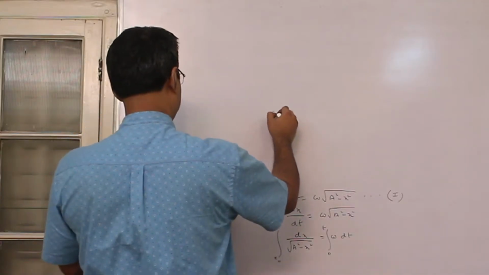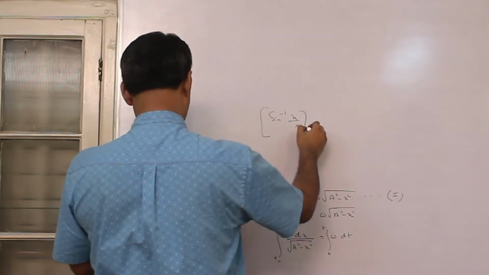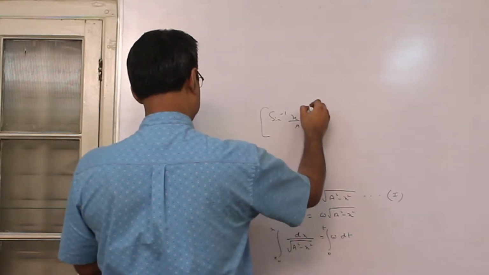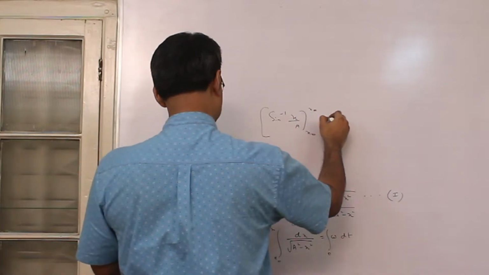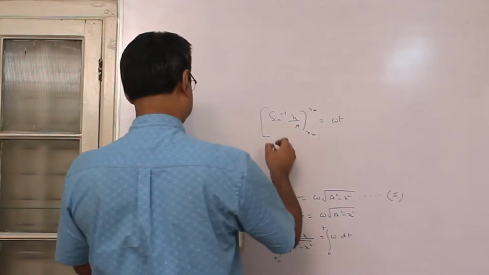So after integration, we will get sin inverse x by a is equal to omega t.